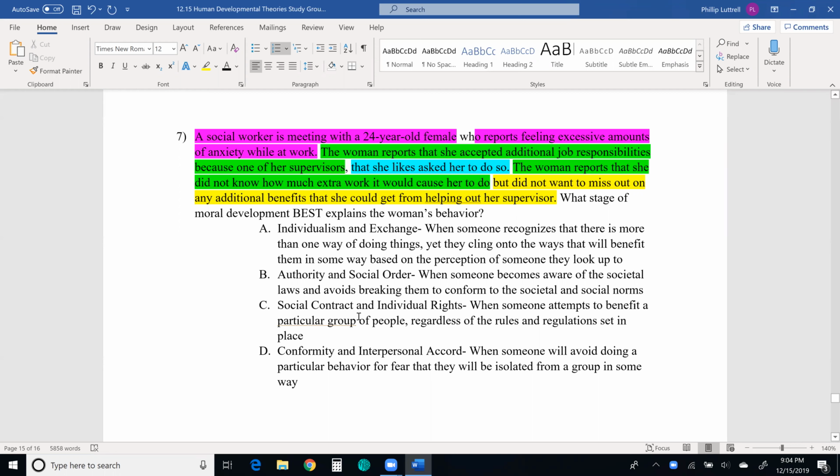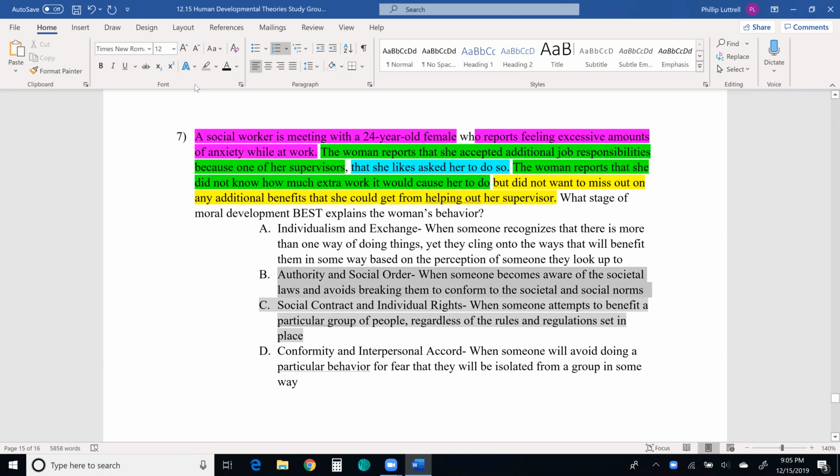So at this given time, we're going to rule out social contract and individual rights because she's not trying to benefit any group of people or go against the law based on some equality issues or equity issues, and she's not trying to bridge a gap in any way, shape, or form. She is trying to sacrifice herself in some way, but it's beyond just trying to benefit people outside of her. She's actually gaining benefit herself.